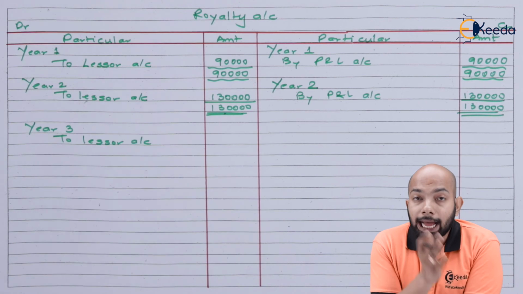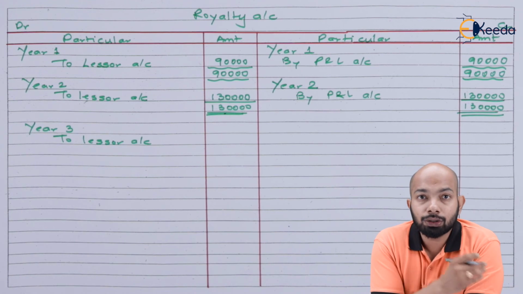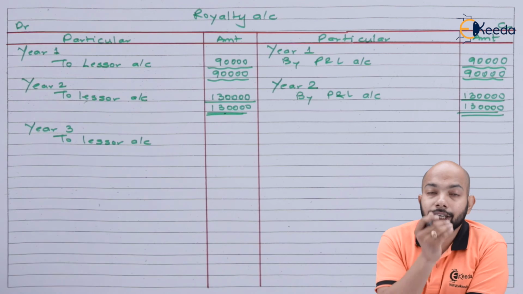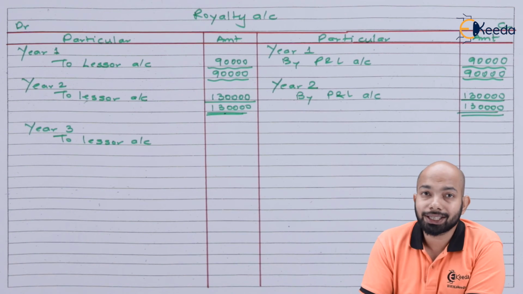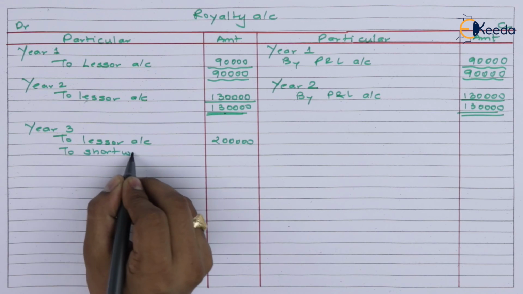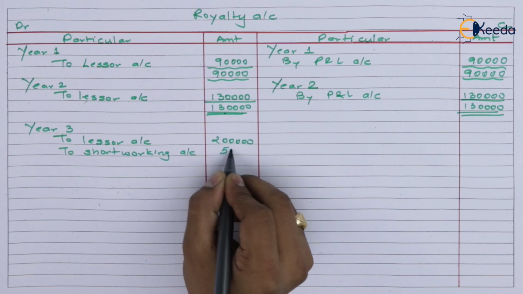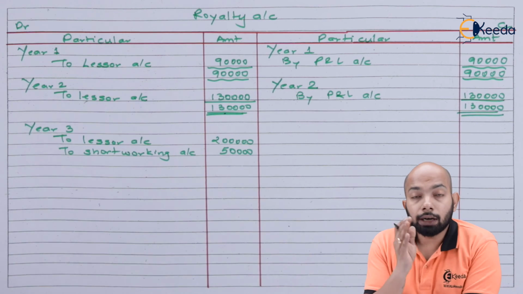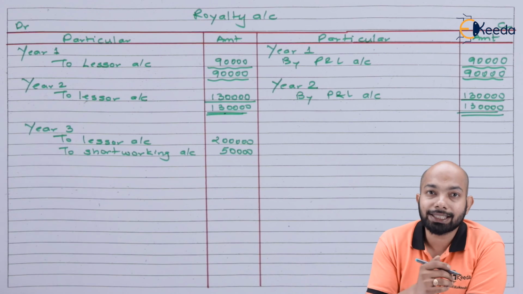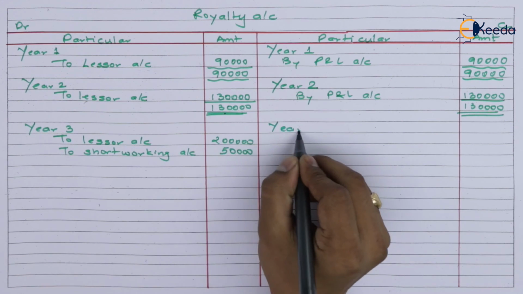Now for year 3, the actual royalty was 2,50,000. However, it was subdivided into two parts, 50,000 for the short working and 2,00,000 for the royalty payment towards lessor. However, the whole amount was moved to profit and loss account. So on the credit side, it will still be the same, by profit and loss account.